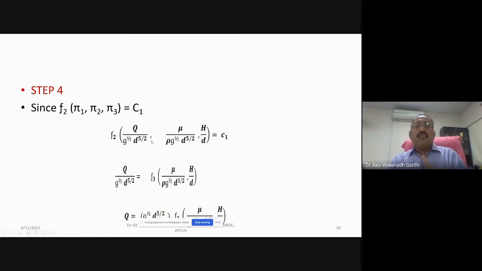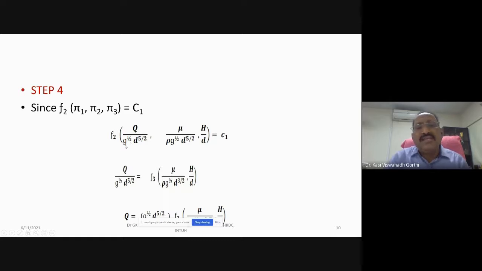Now there is one pi term which consists of the dependent variable. In this phenomenon, the discharge Q flowing through the orifice is the dependent variable. So the term relating to that can be taken out of the functional relationship. Identify this term.